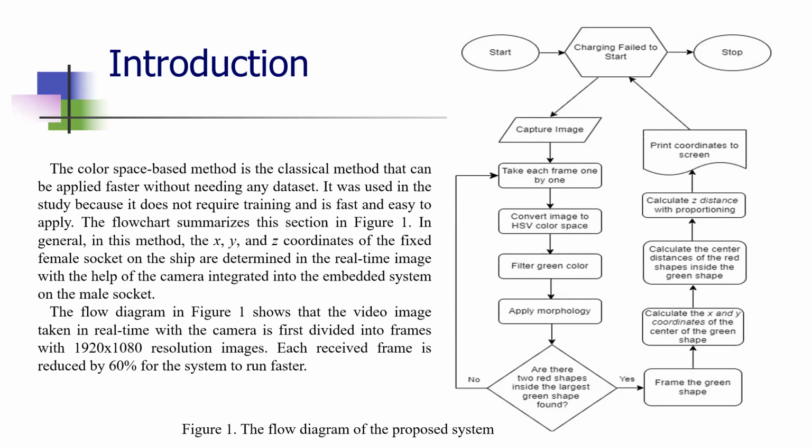The algorithm in this diagram can be easily seen, with the start or not-start decision according to this starting part. We designed this system. In general, in this method, the X, Y, and Z coordinates of the fixed female socket on the ship are obtained.